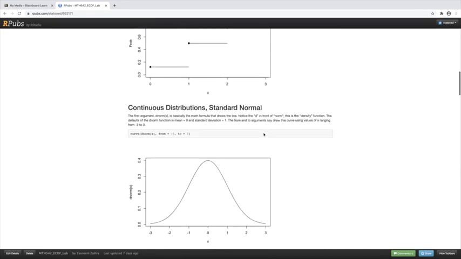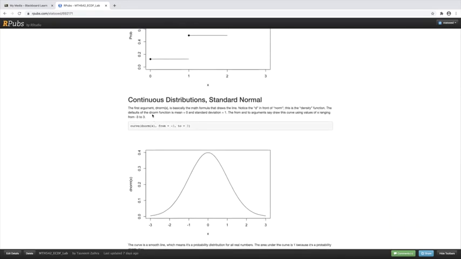In the case of continuous distributions, dnorm is basically the mathematical formula to draw this curve. The d in front of norm is for density function. If you don't give any mean and standard deviation, it will by default plot the standard normal with mean 0 and variance 1.